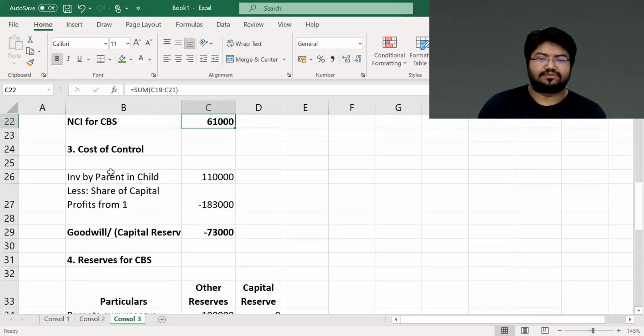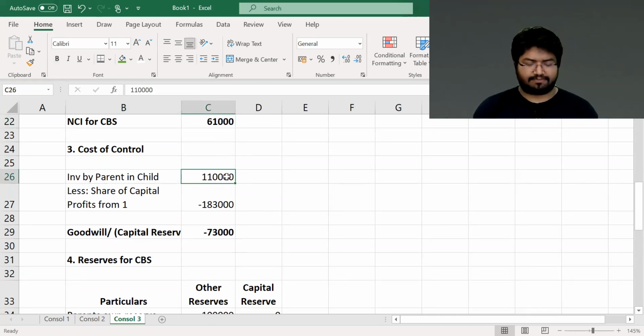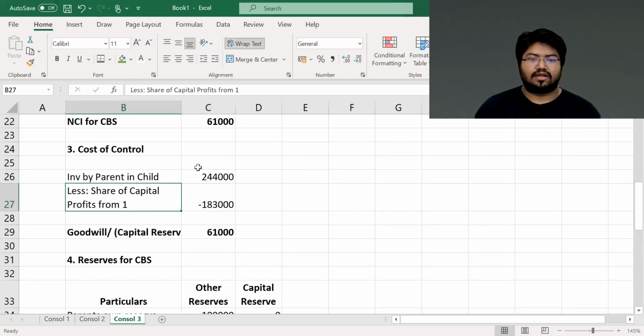And then cost of control, investment by parent in child. We are supposed to see how much they have invested. The parent has invested 2,44,000. And share of capital profits is 1,83,000.